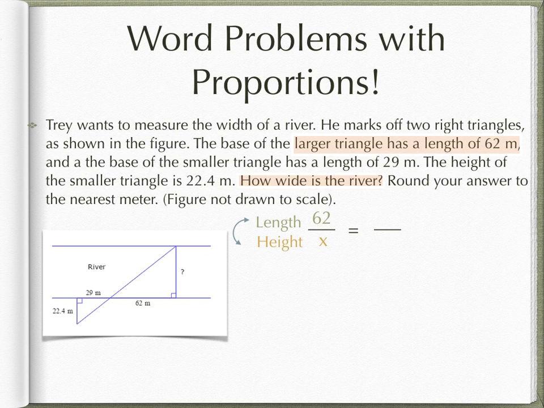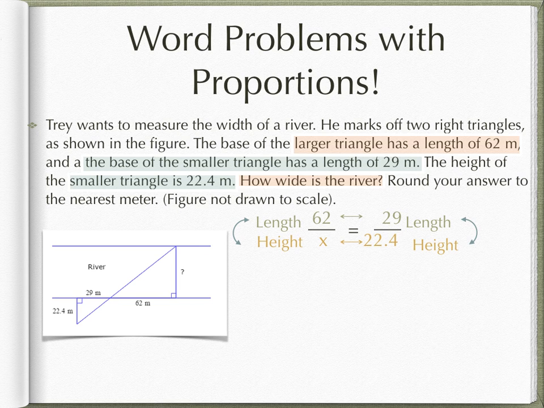On the other side I'm going to put my smaller triangle. On top I put the length of the smaller triangle, which in this case is 29. And on bottom I put the height, which is 22 and 4/10.